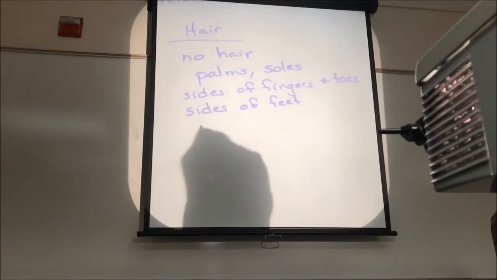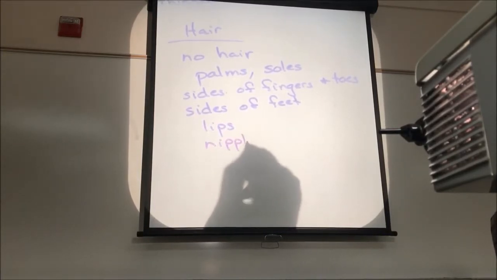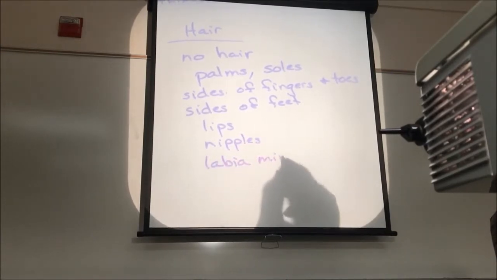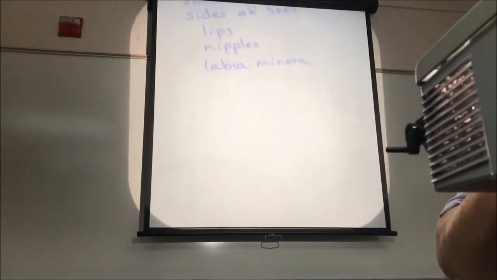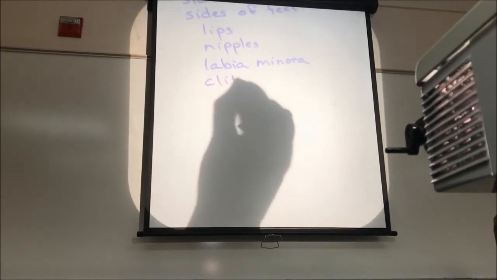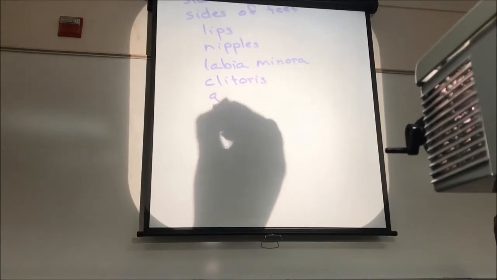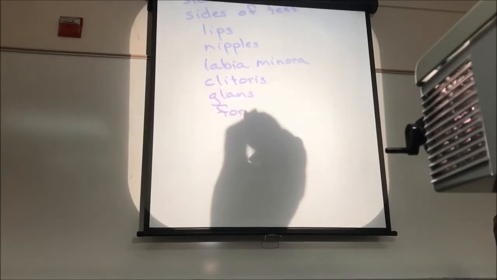We do not have hair on our lips, on our nipples, on the labia minora, on the clitoris, on the glands of the penis, or on the foreskin of the penis.